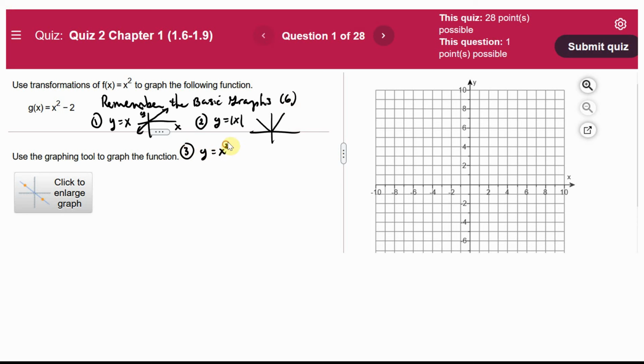Y equal to x squared. Y equal to x to the 3rd. Y equal to the square root of x.